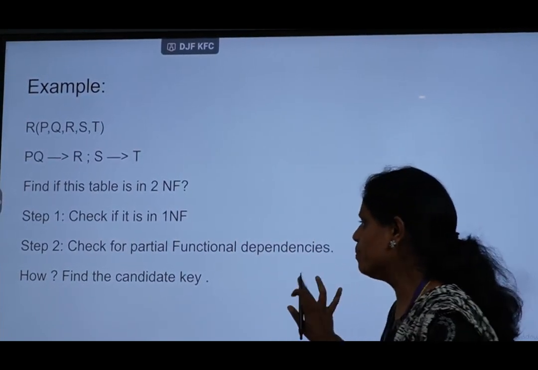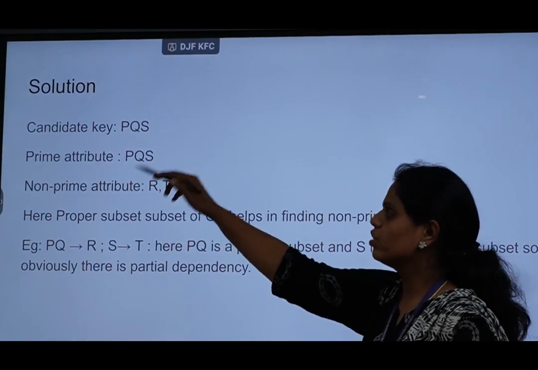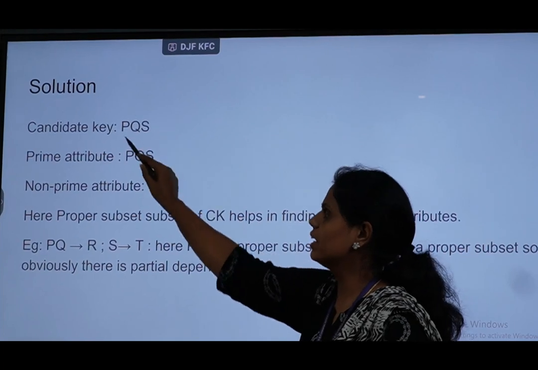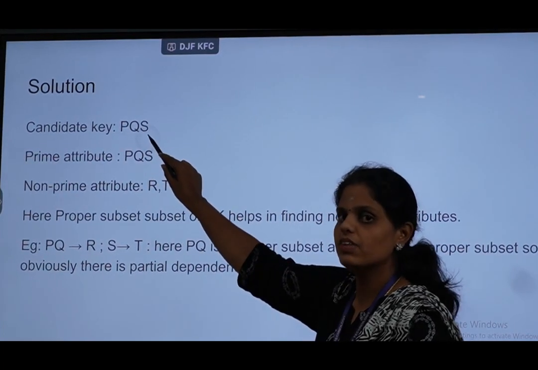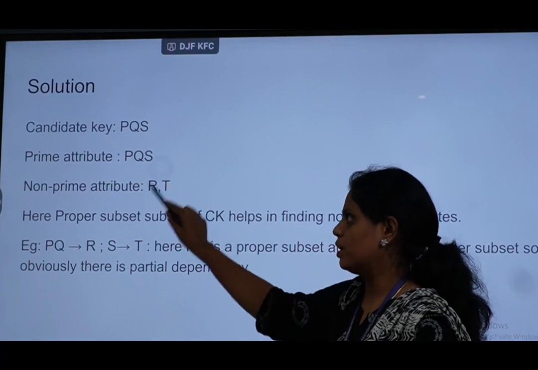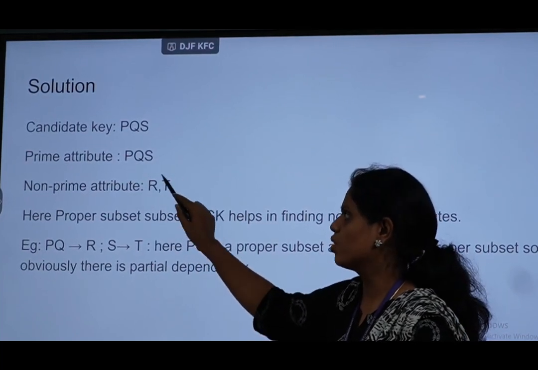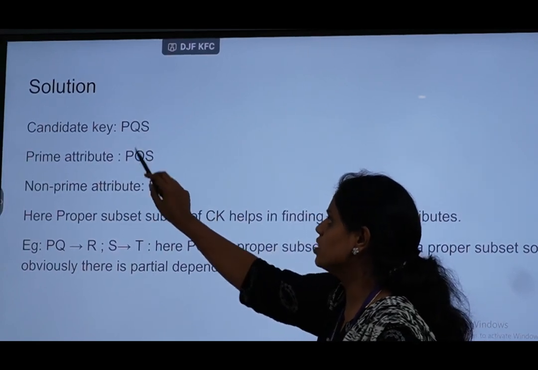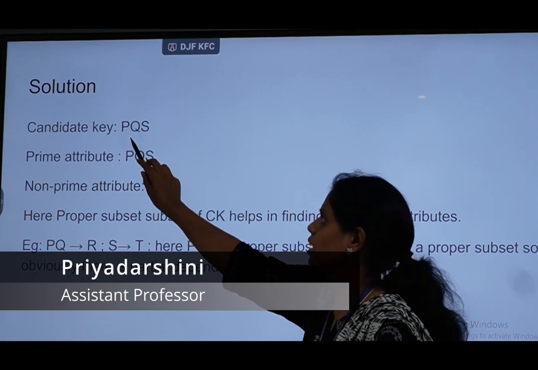The candidate key for the previous one is PQS, so P, Q, and S are prime attributes. R and T are non-prime attributes. Here R is functionally dependent on both P and Q, which is a proper subset of the key.